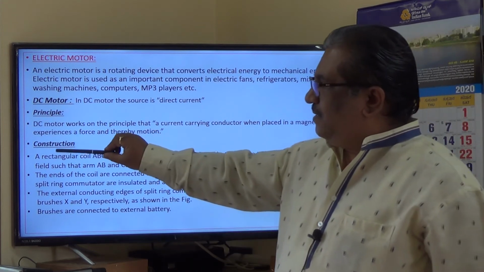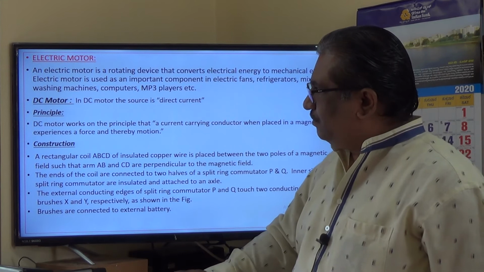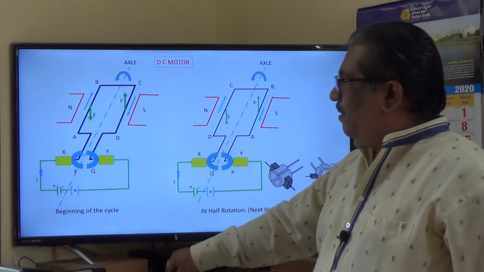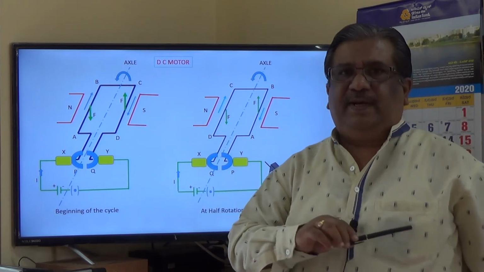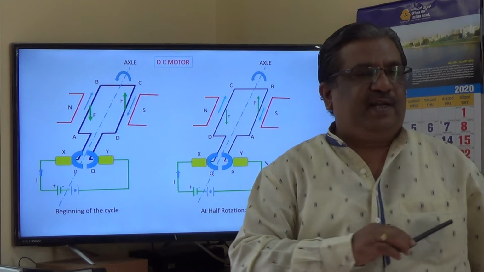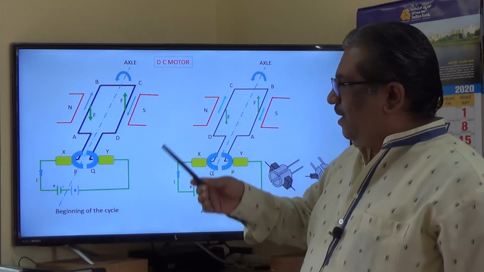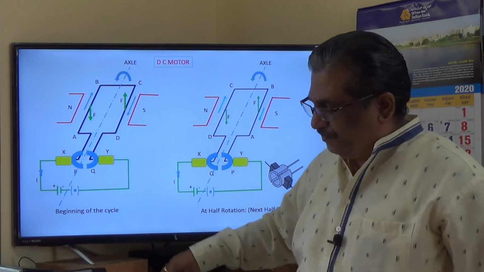Next is the construction and working part. I have a diagram which I would like to explain on the board. We'll see the different components, and then I'll explain the working on the board, and then you'll be directed to the PPT for making the notes.